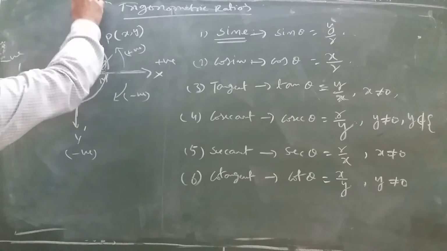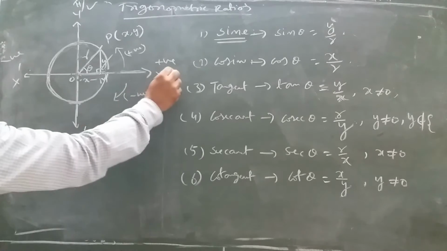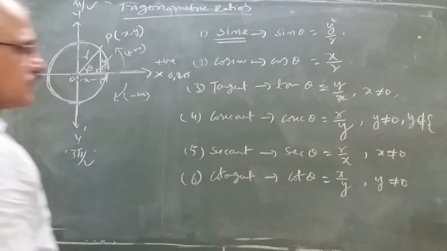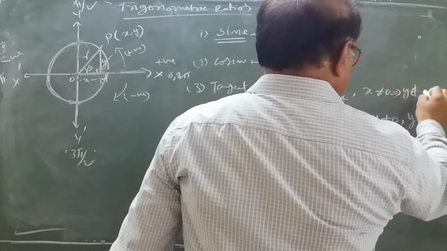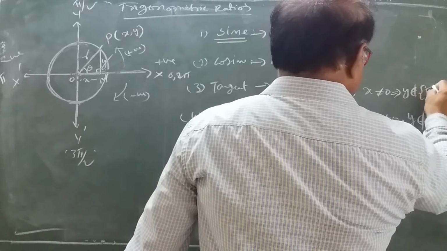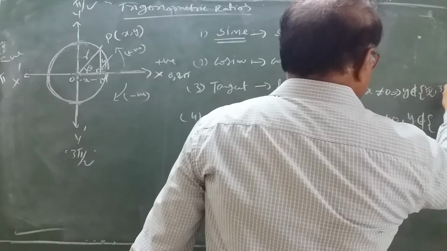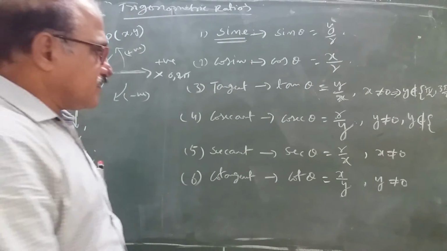This is pi by 2, this is 3 pi by 2, this is 0 or 2 pi, and here pi radians. So that implies theta does not belong to pi by 2 or 3 pi by 2, that means 90 degrees or 270 degrees.